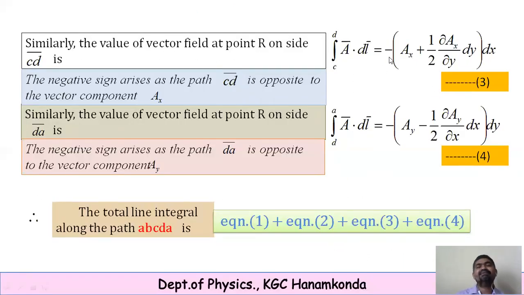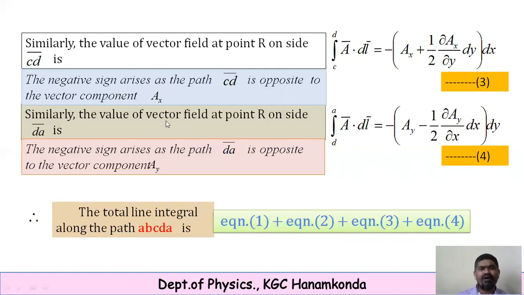Therefore, this line integral contains a negative sign. The negative sign arises because CD is opposite to the vector component AX, because AX is along the x-axis, that is, along side AB. But here we are going from C to D, that is opposite to AB, that is opposite to AX. That's why we have taken a negative sign here.